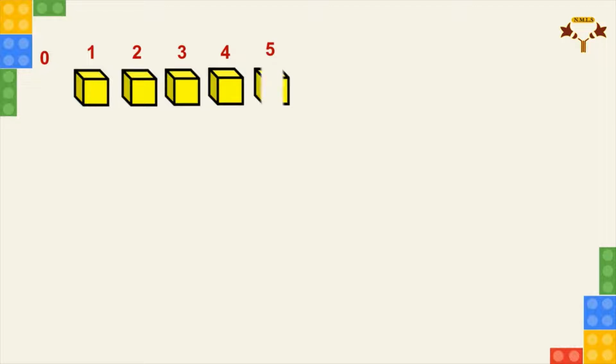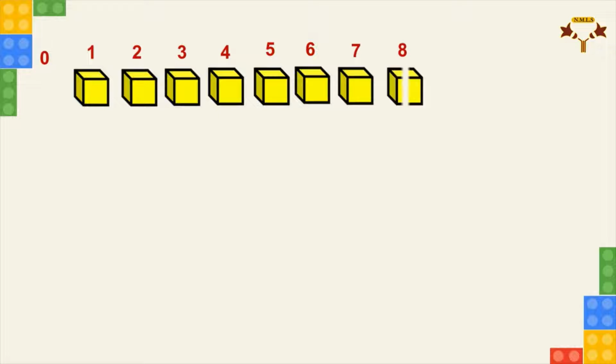Number 5: 1, 2, 3, 4, 5 squares. Number 6, 6 squares. Number 7, 7 squares. 8, 8 squares. 9, 9 squares. So now I have 9 squares.